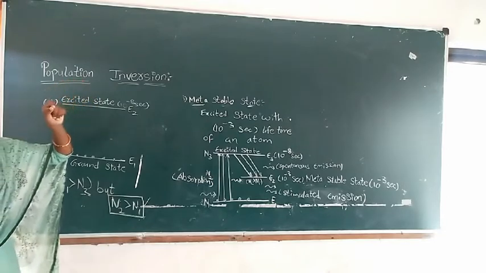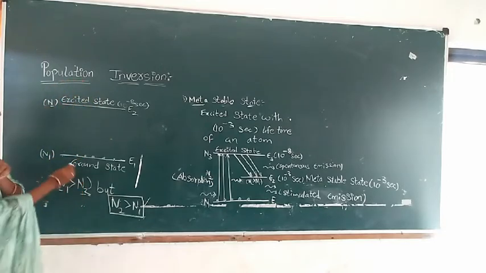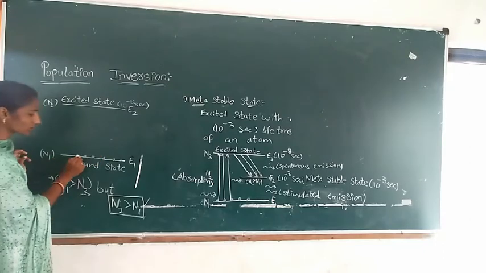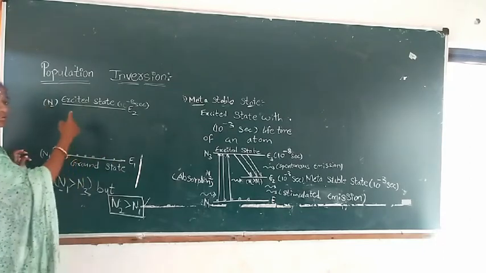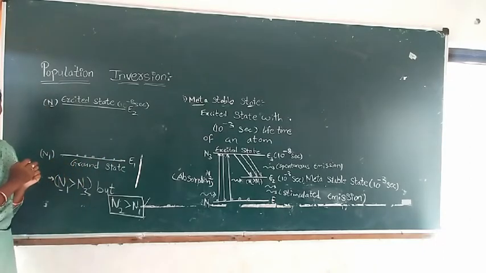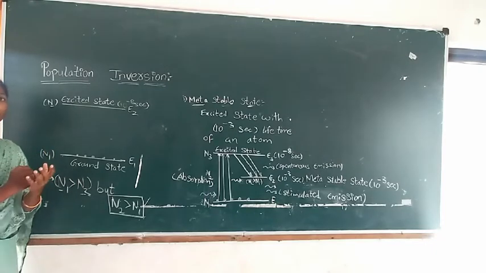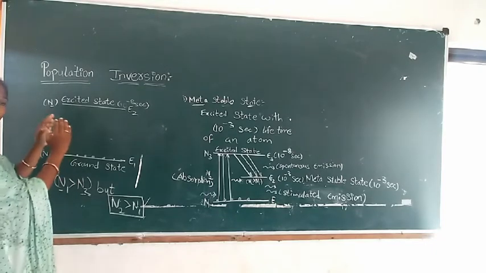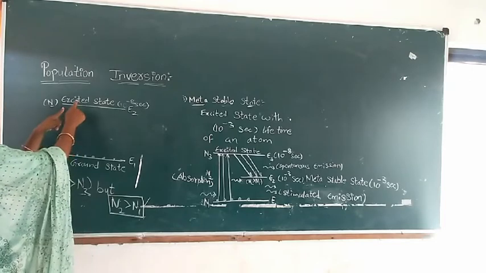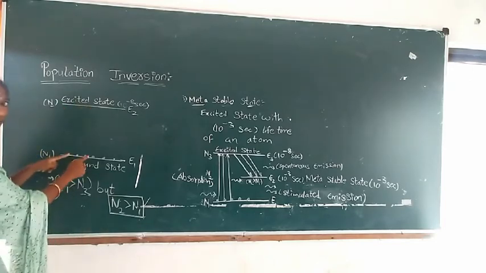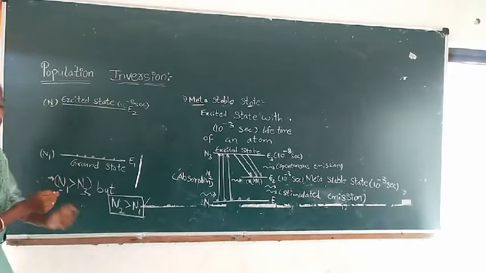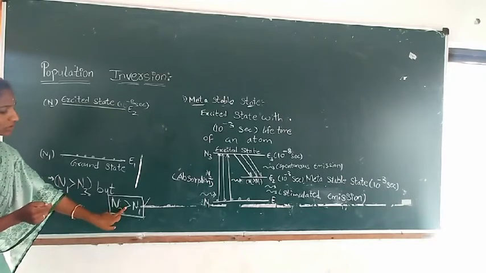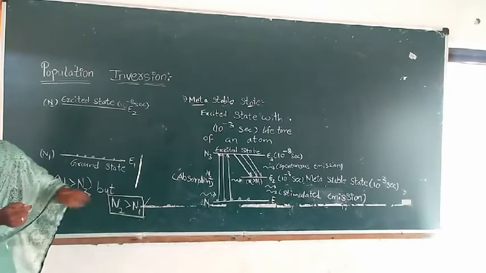The process of making the population of the higher energy state greater than that of the ground state. Then we can achieve the condition N2 greater than N1.